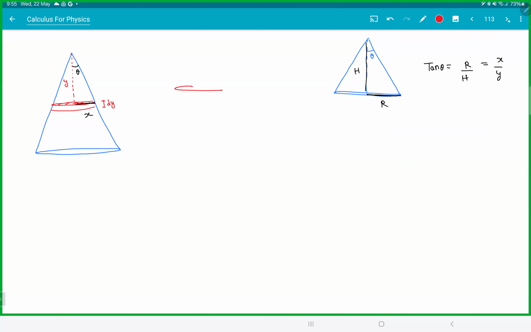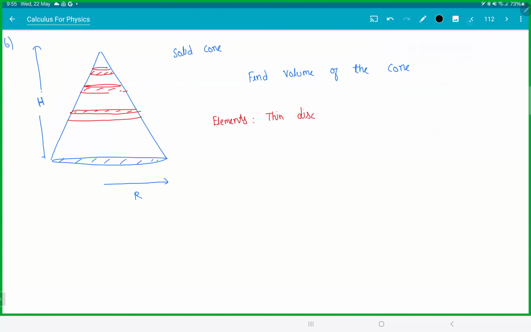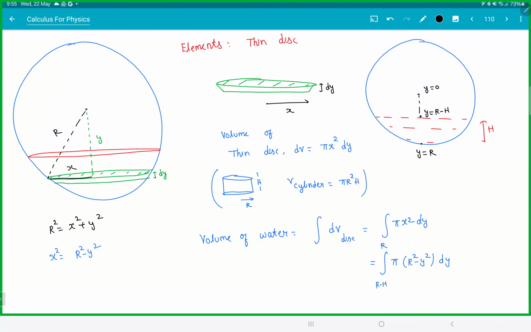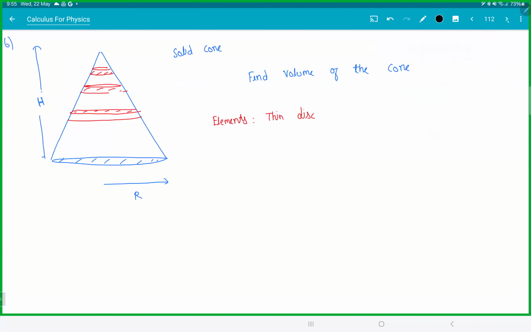Now you take a thin disk. Basically, it becomes a thin cylinder whose radius is x and thickness is dy. Doesn't this look the same as the previous one? The elements will look similar. Doesn't matter what shape it is.